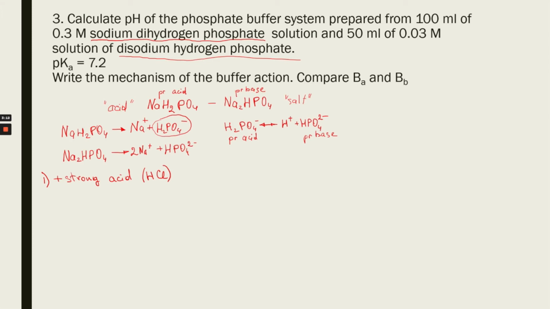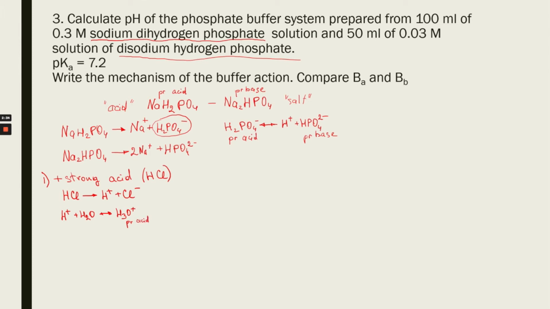So HCl is a strong electrolyte, so in solution it dissociates fully. And these protons interact with water and form hydronium ions. Here should be two arrows, there is equilibrium. And these hydronium ions, we can consider as a protolytic acid.